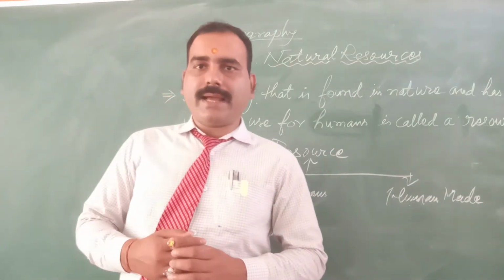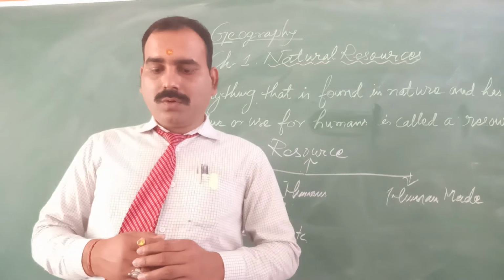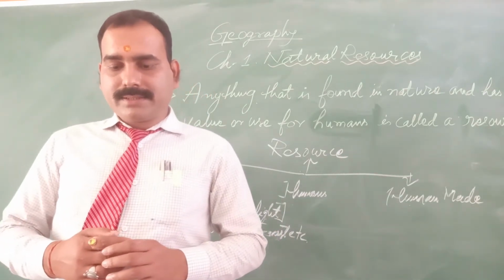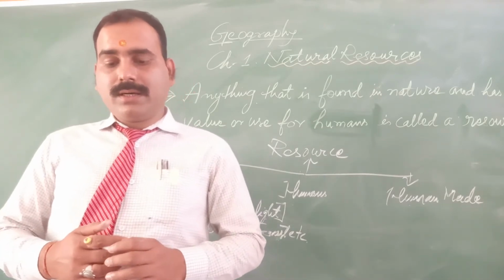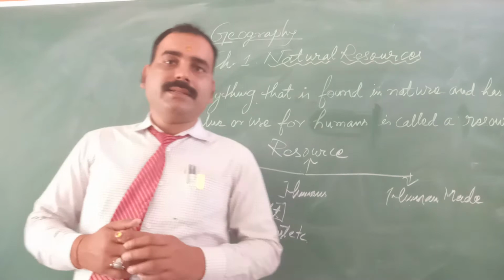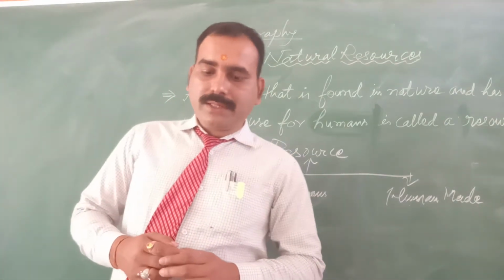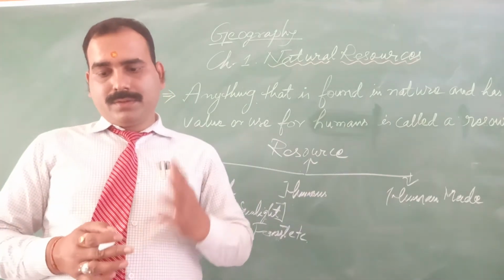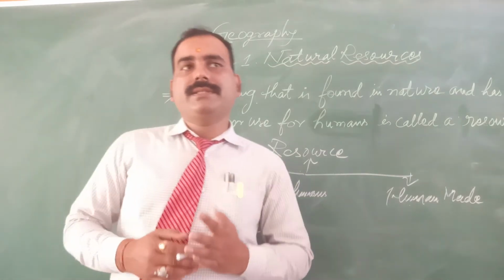However, in ancient times, coal and iron ores were not extracted from the rocks, so at that time they were not resources, as they had no value at that point in time. Some natural resources that can be immediately utilized are air, water, fish, fresh fruits and vegetables.